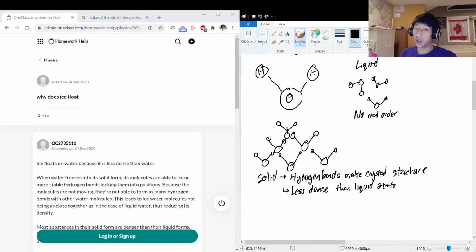Now, an interesting thing about hydrogen bonding and the fact that ice floats is that if ice didn't float, we probably wouldn't exist. There'd probably be no life on Earth, period. The reason is, think about when it gets cold outside in the winter: the water that freezes into a solid state floats to the top.